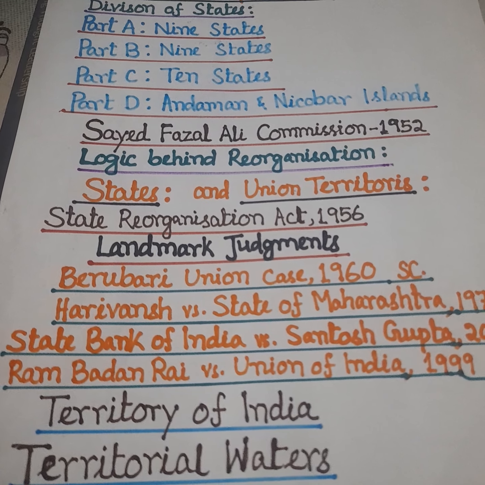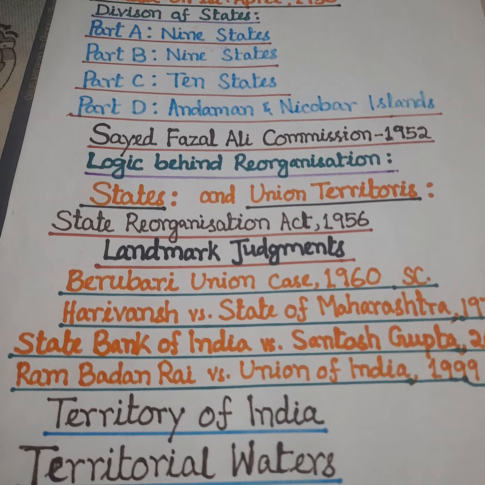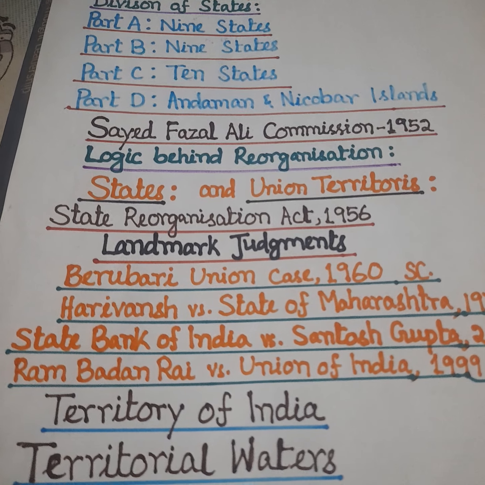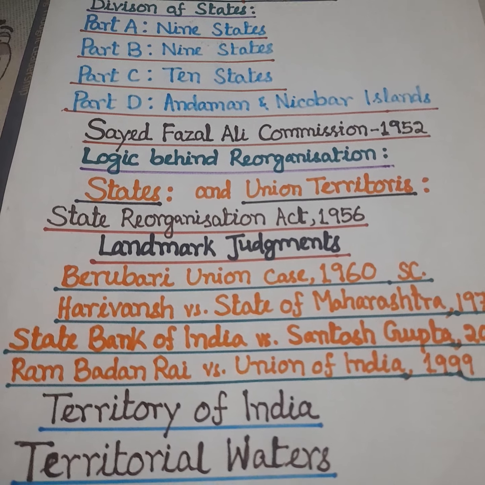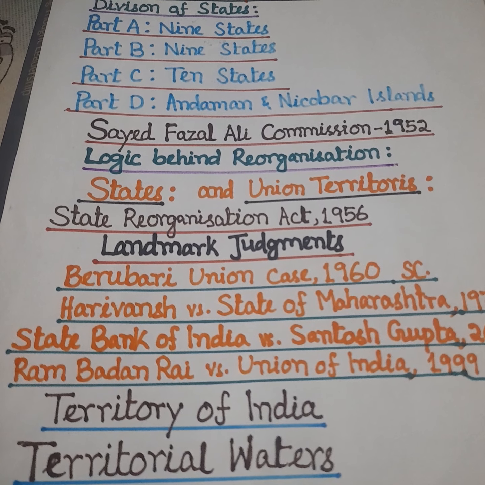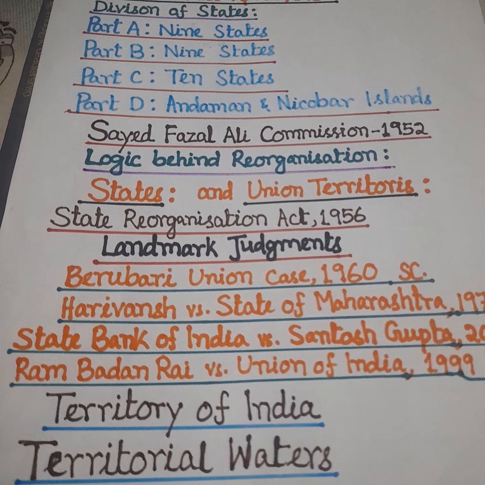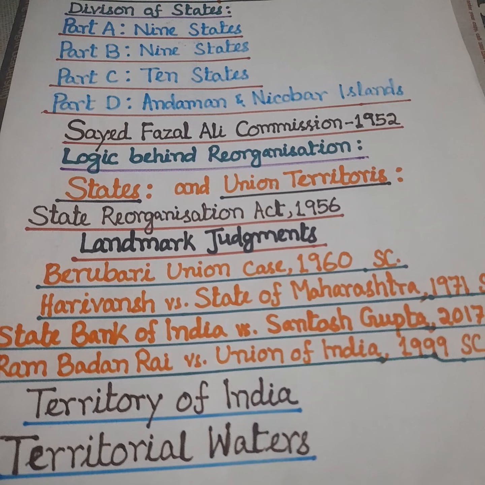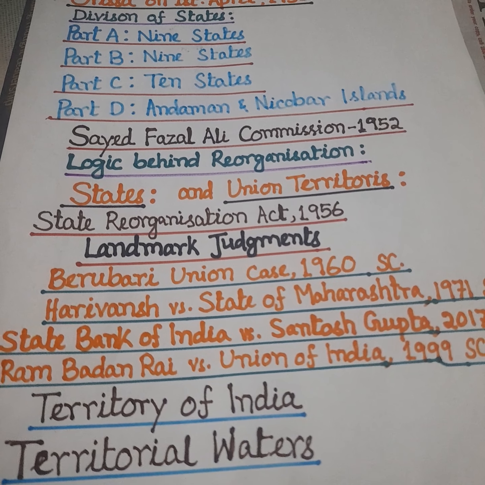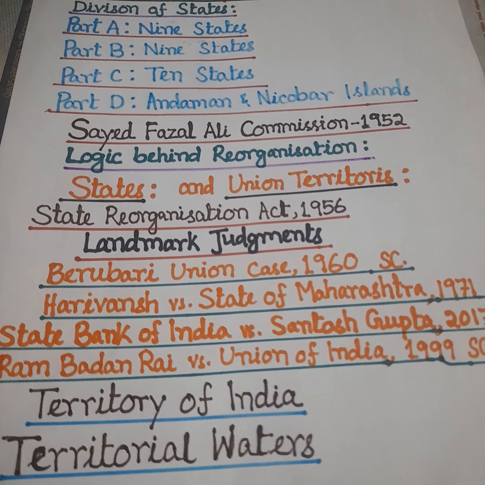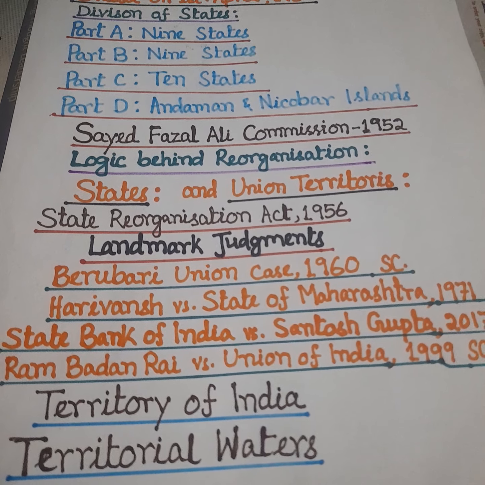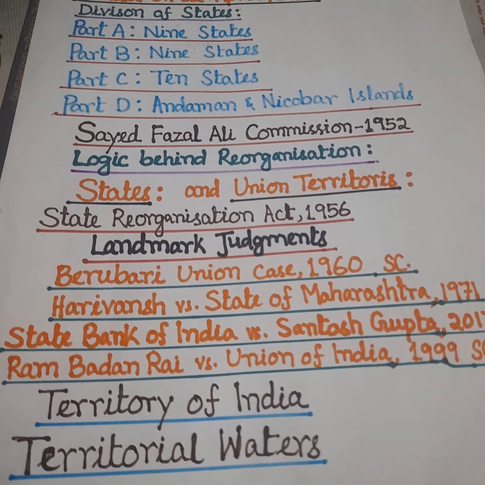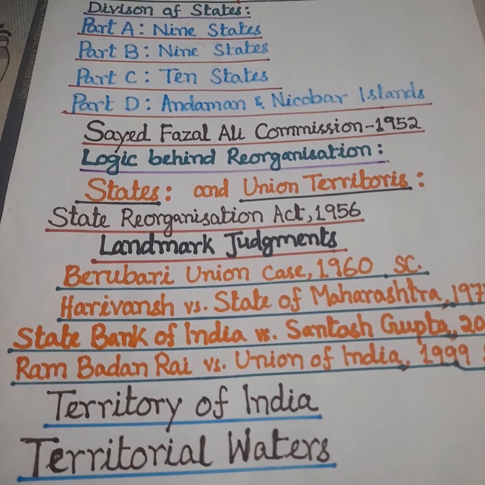Those states were Andhra Pradesh, Assam, Bihar, Bombay, Jammu and Kashmir, Kerala, Madhya Pradesh, Madras, Mysore, Odisha, Punjab, Rajasthan, Uttar Pradesh, and West Bengal. And those union territories were the Andaman and Nicobar Islands, Delhi, Himachal Pradesh, Lakshadweep, Minicoy and Amindivi Islands, Manipur, and Tripura.